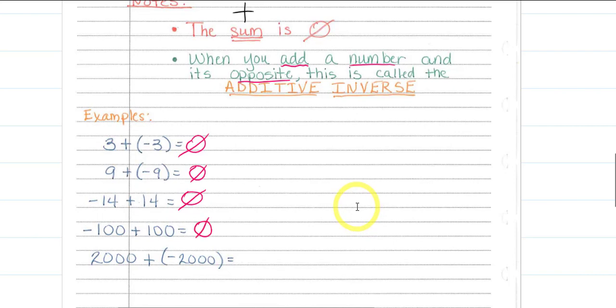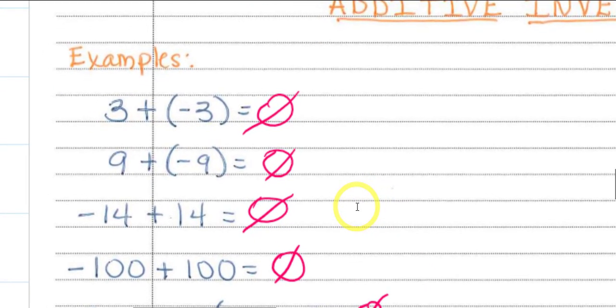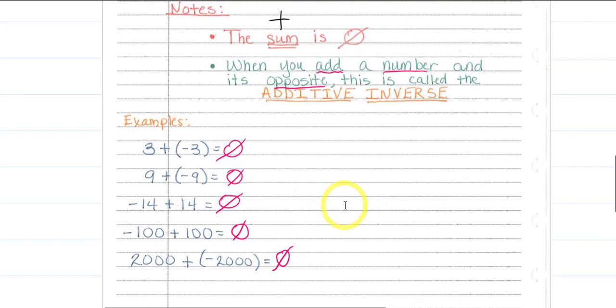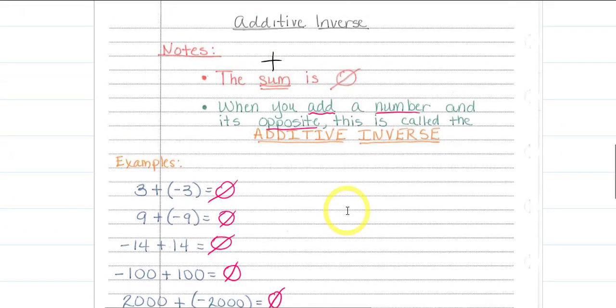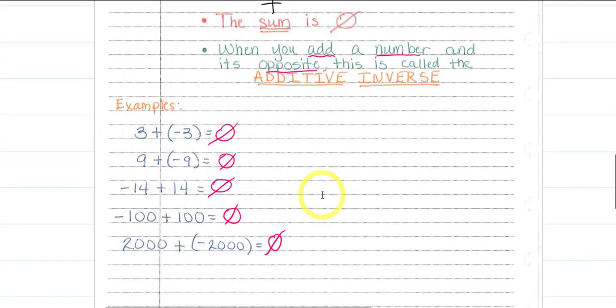So when you have two numbers and they are opposites, so one of them is positive, the other one is negative, be sure to understand that you're looking at them in addition. There is an addition sign in between all of these. That's what additive inverse is showing us, that they're being added. So when you have two opposites and you add them together, that's called additive inverse.